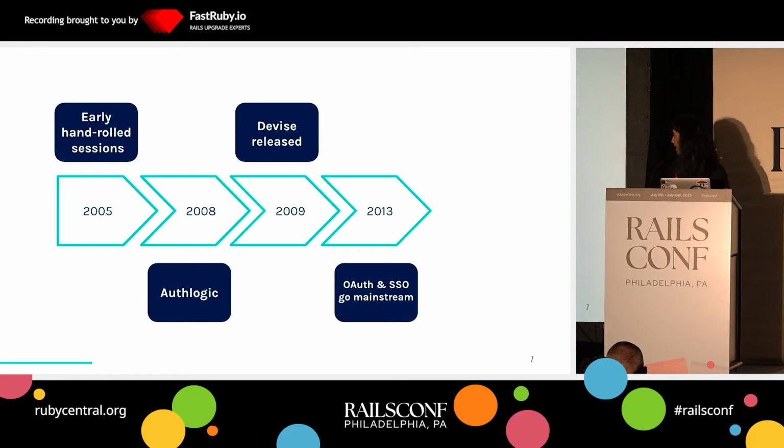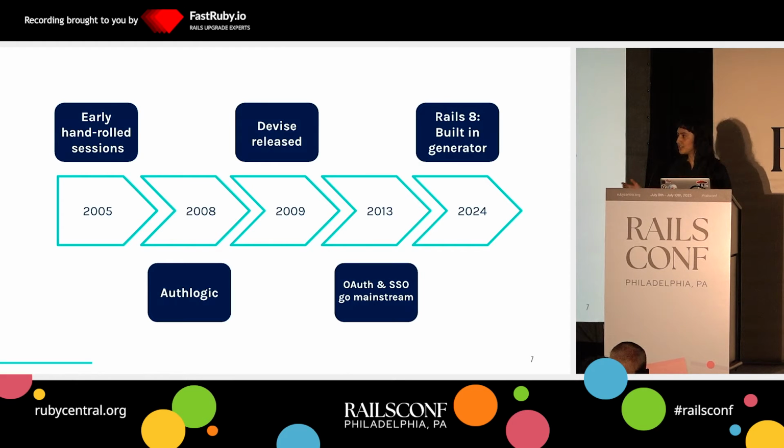Years went by, and OAuth and SSO started to go mainstream. As mobile and social grew, this became a standard, with Facebook, Twitter and Google all adopting it. Simple password-based authentication wasn't enough anymore. We needed tokens, third-party APIs and SSO, so complexity grew.